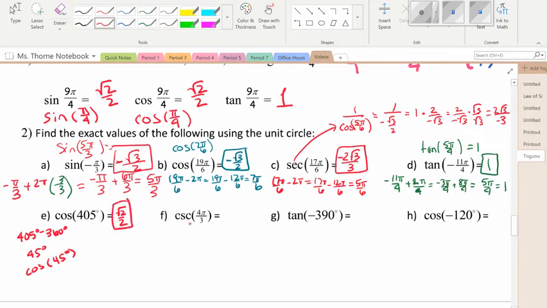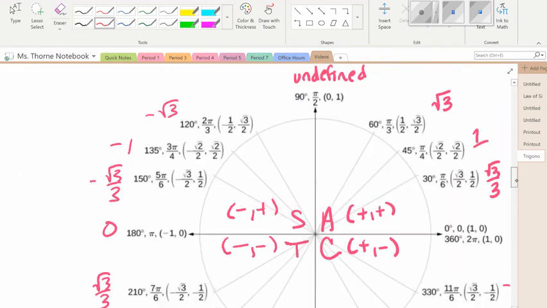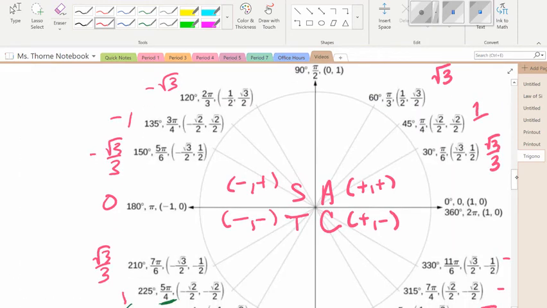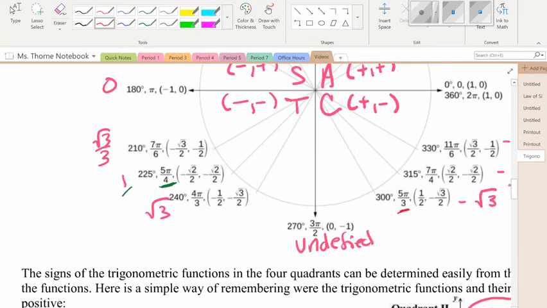Looking at the cosecant of 4 pi over 3, we know 4 pi over 3 is on our unit circle, so again we know this is in quadrant 3. Cosecant is the reciprocal of sine, so 1 over the sine of 4 pi over 3 will give us the same answer. The sine of 4 pi over 3 is in quadrant 3, as we said. So this would be 1 divided by, if you don't remember your unit circle, here is 4 pi over 3.